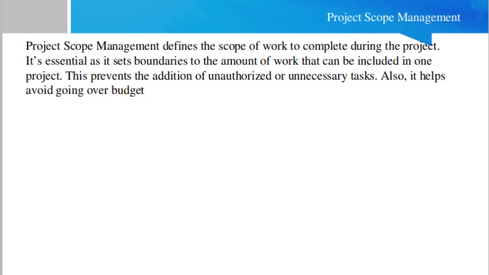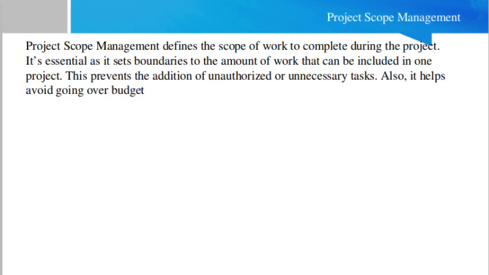Scope defines the boundaries of what you are going to deliver. Whenever we implement a project, first we have to define the scope, that is, what we are going to deliver to the customer. Scope defines the boundaries for the work which we are going to deliver. So that is the concept of scope.